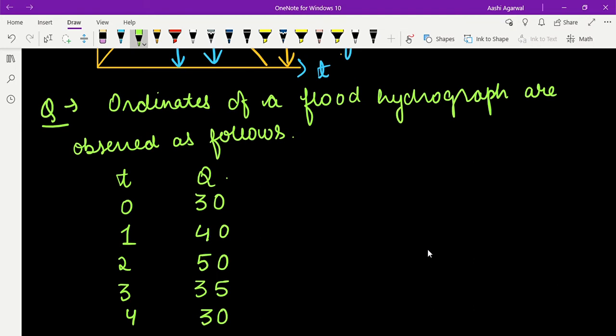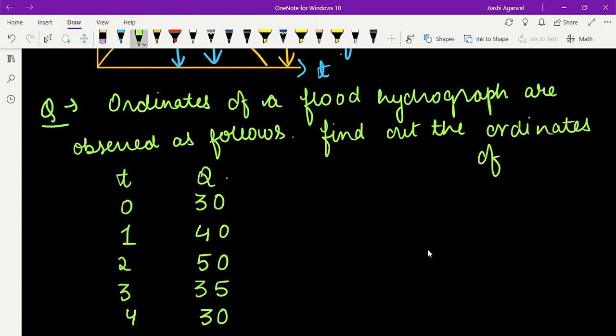Now from this you have to find the ordinates of the direct runoff hydrograph. Ordinates of FRH are given and you have to find the ordinates of DRH. So you can subtract the base flow from it and then your work is done.